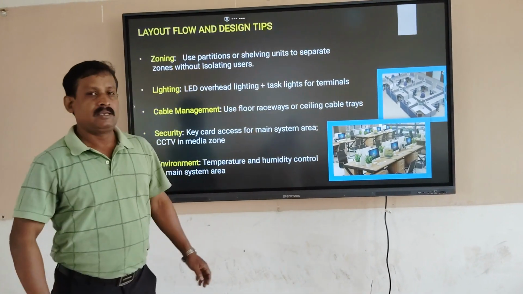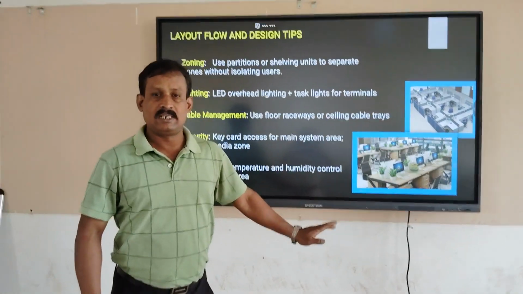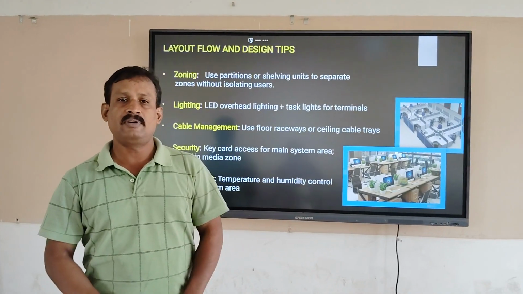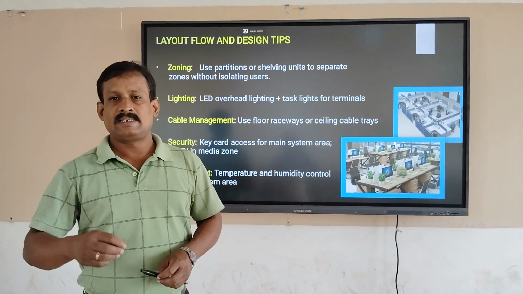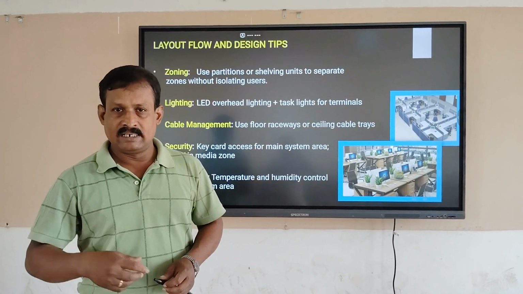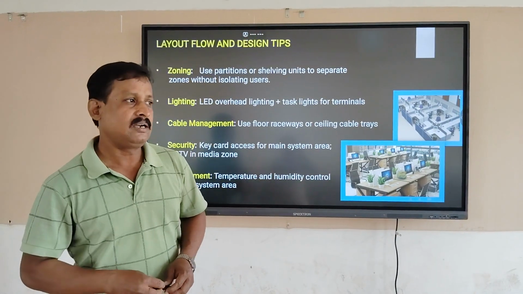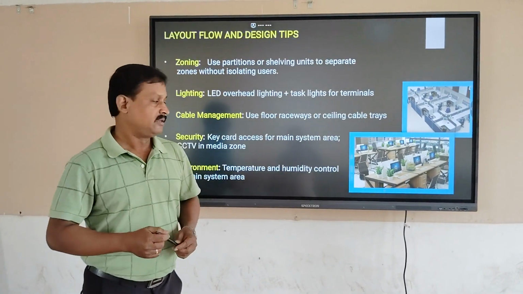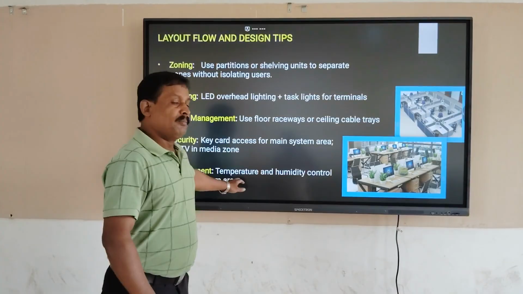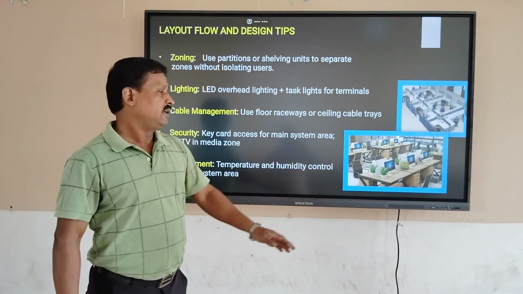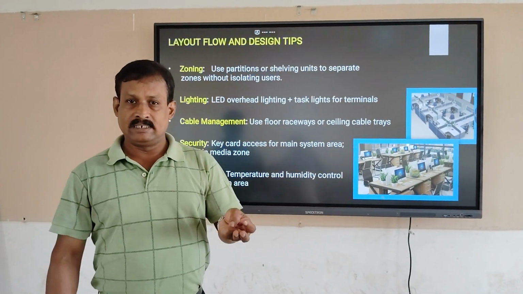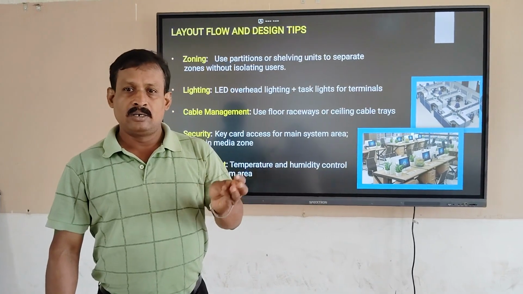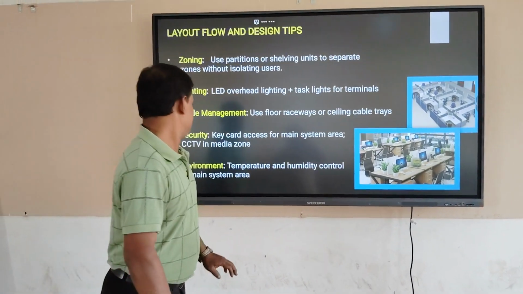Then environment. Environment is the most crucial thing, because whenever we run 30 systems, there is heat generation from the CPUs and the room temperature will be high. To maintain it, we require temperature equipment like a cooler or AC, but it is better to provide an AC.